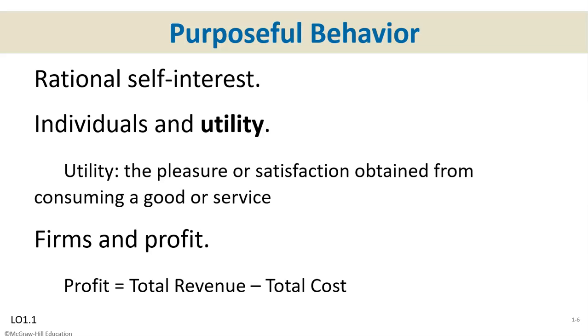So they're making decisions that will make them better off, not worse off. Now be careful. It doesn't mean the same thing as selfishness. So we would expect someone who's purchasing a product for themselves that makes them happier, that's considered rational, but also someone who is giving away money to a charity, that's also considered rational. So it's not the same as selfishness.